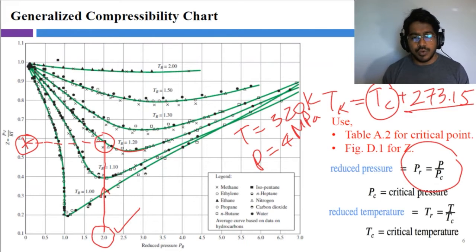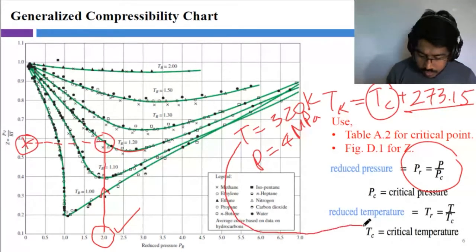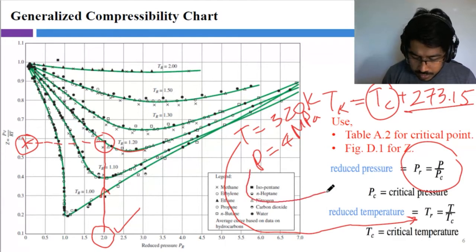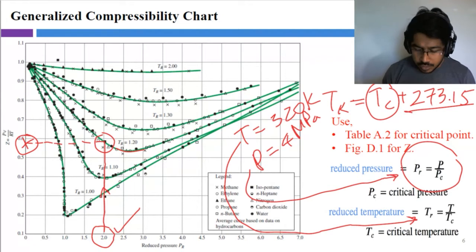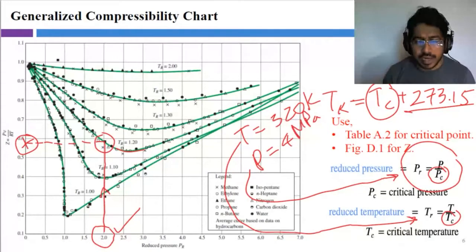Based on these, you substitute your temperature reading in your reduced temperature equation and find the reduced temperature, and you plug your pressure reading into your reduced pressure equation. To find these critical pressures, depending on the substance, you can find them in the property tables.